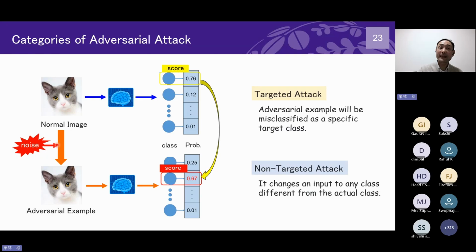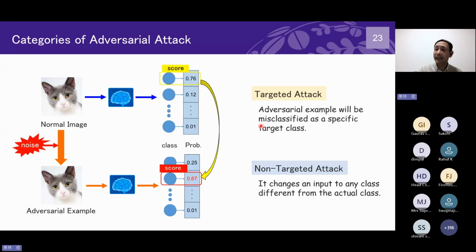But if adversary perturbation is added to this normal image, and this adversary example is input to the same AI model, then the output will be changed. So for example, this is a dog. These adversary perturbations, this noise, can be created in two manners.